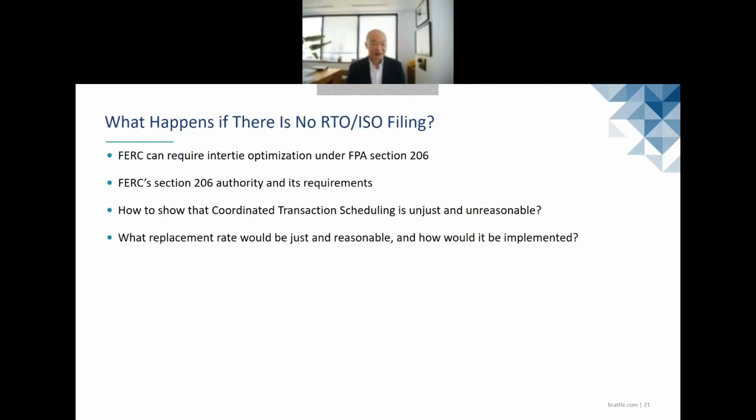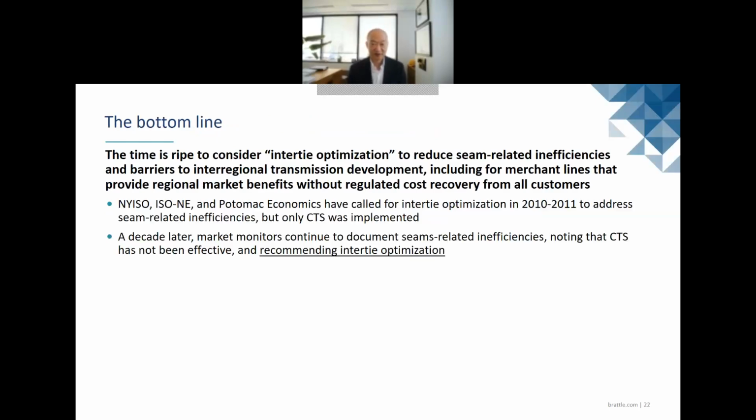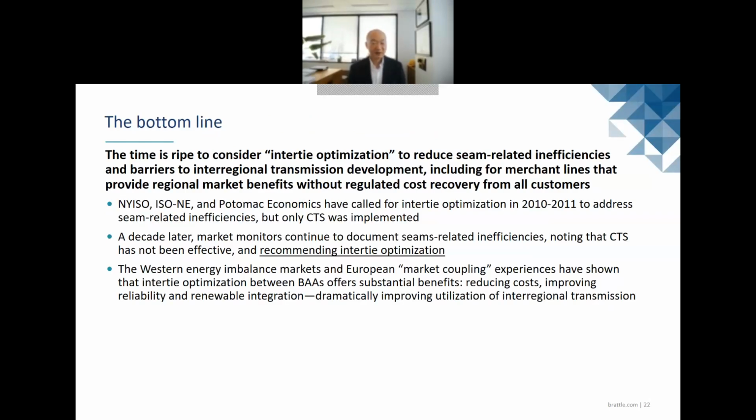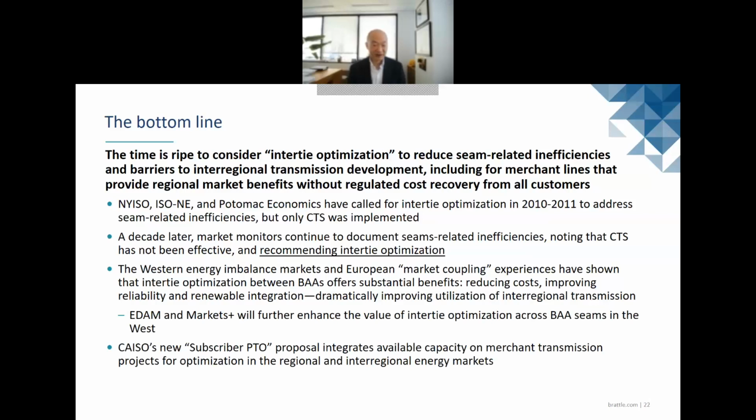Another reason, attempts to fix CTS have not worked, and CTS-related inefficiencies have increased over time. As we've seen, as energy market prices have become more volatile in the real-time market, the inefficiencies have increased. And this price volatility has occurred in part because of the increasing integration of variable resources. We know that these inefficient power flows are costing consumers hundreds of millions of dollars a year.